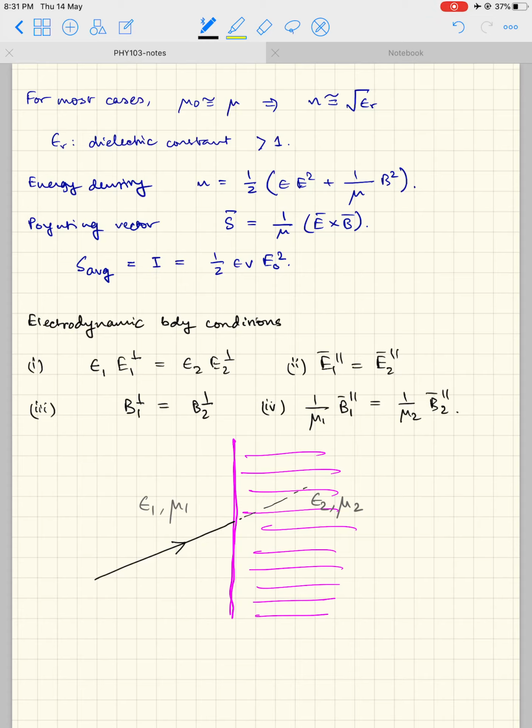There's going to be something that goes through here, there's going to be something that goes past here, and we will try to understand this in some detail. So this is the incident wave, this is the reflected wave, and this is the transmitted wave.